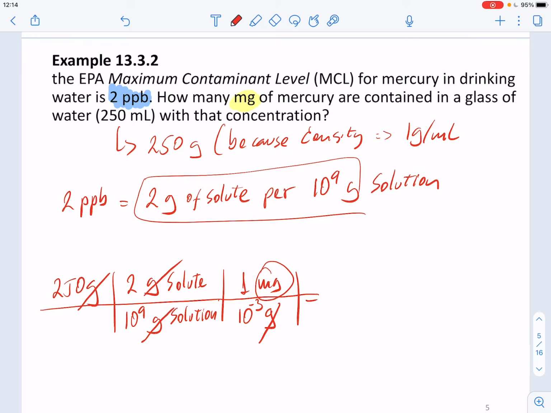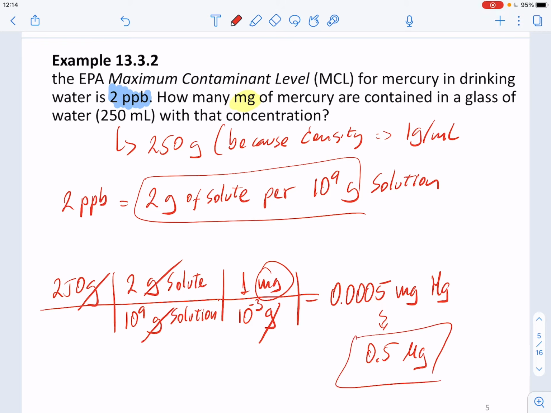So the calculation out of this is 0.0005 milligrams of mercury, which is pretty much 0.5 micrograms. Okay, now that is the mass of mercury that will be contained in that glass of water.